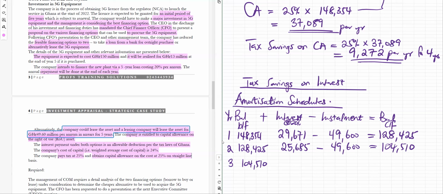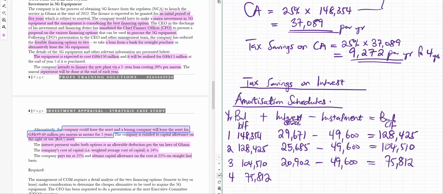So in the next year, we take our 104,510. We multiply by 20% for the interest and end up with 20,902. Then we take out our 49,600. We have 104,510 plus 20,902 minus 49,600. That's 75,812. So in year four, we take our 75,812.